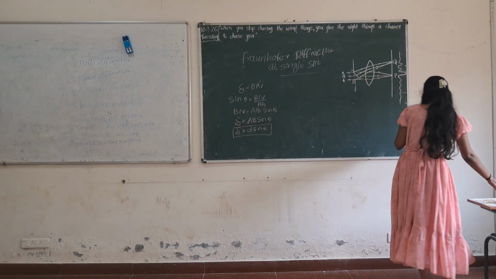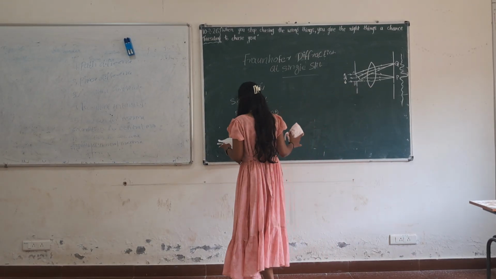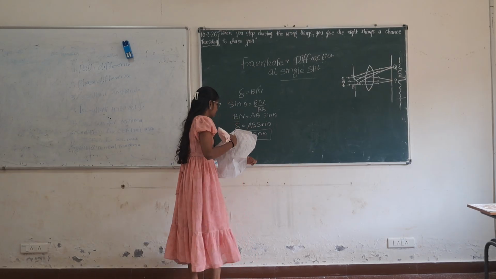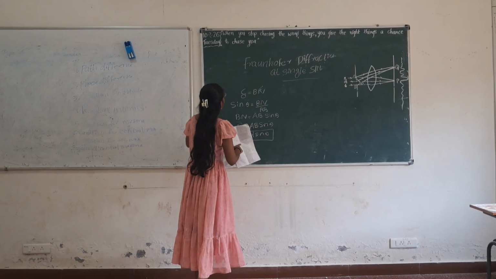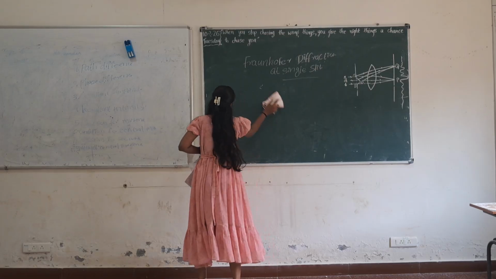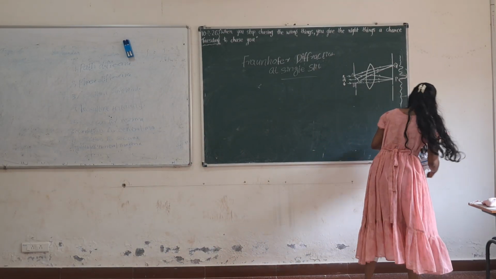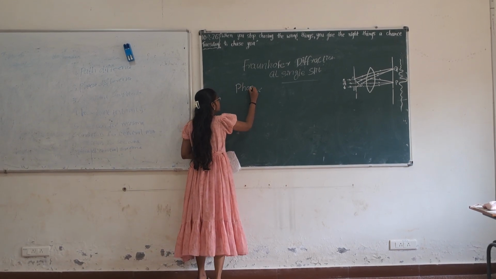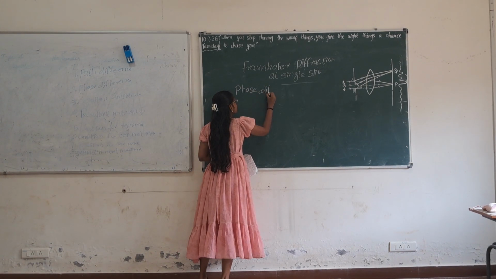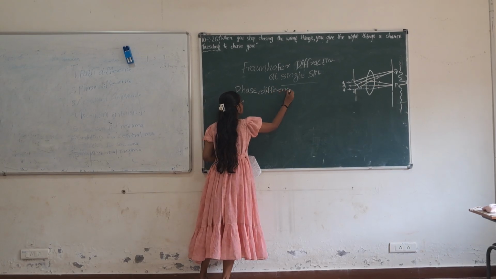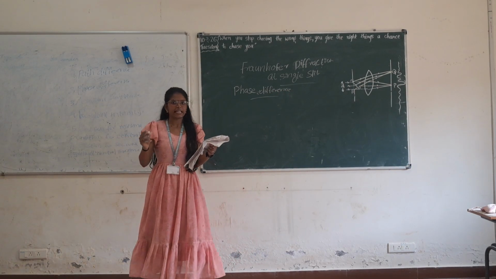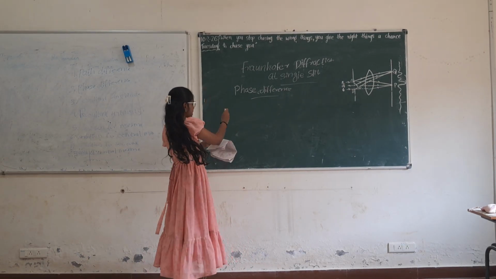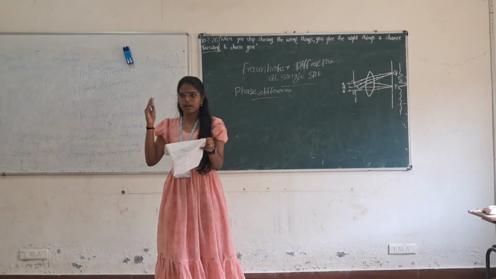Next is phase difference. In the previous semester, we studied the relationship between phase difference and path difference. That is, phase difference is 2 pi by lambda into path difference.